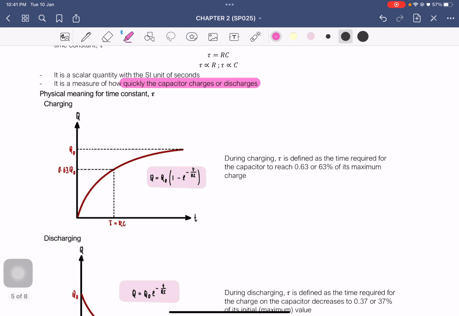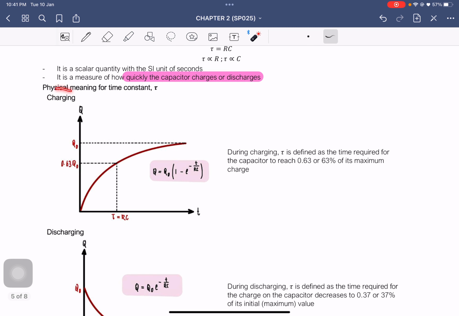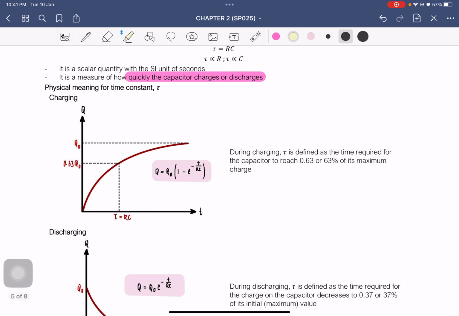So the physical meaning for time constant untuk charging is during charging, tau is defined as the time required for the capacitor to reach 0.63 ataupun 63% of its maximum charge. So itu adalah time constant punya definition untuk charging. Cara dia determine laju ke tidak dia charge.